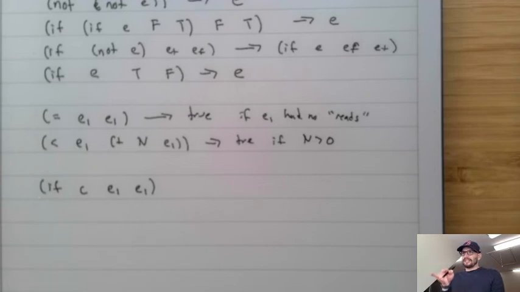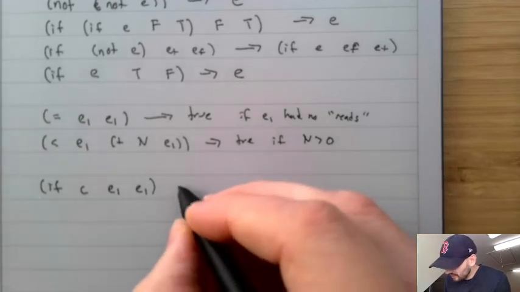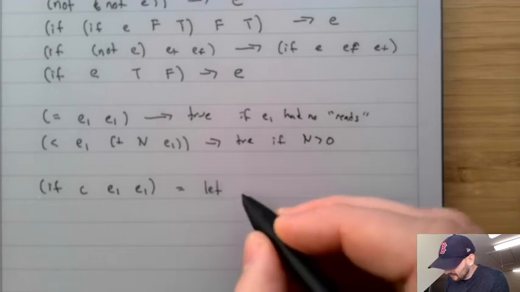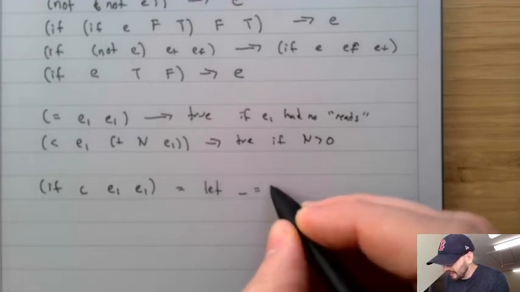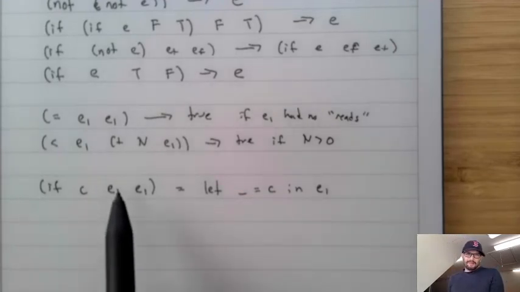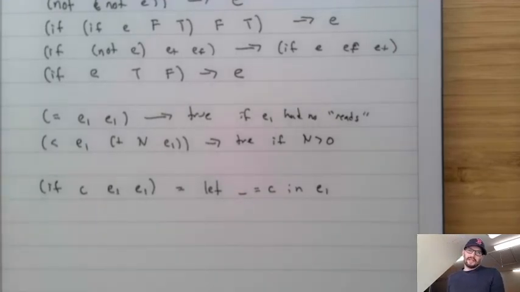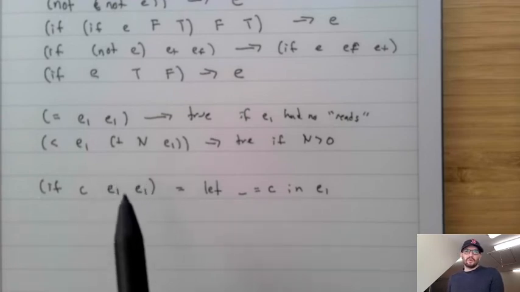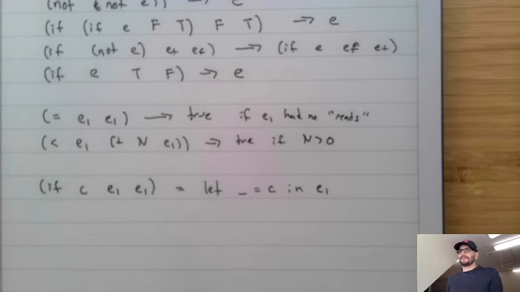If the sides are identical, then in that case, what we could do is turn this into just a let of some variable that we don't care about equal to c inside of E1. Because we know that no matter what happens, we're always going to return that E1. So if the two expressions are identical, we can do this even if they're impure, because we know that only one of them will be evaluated.